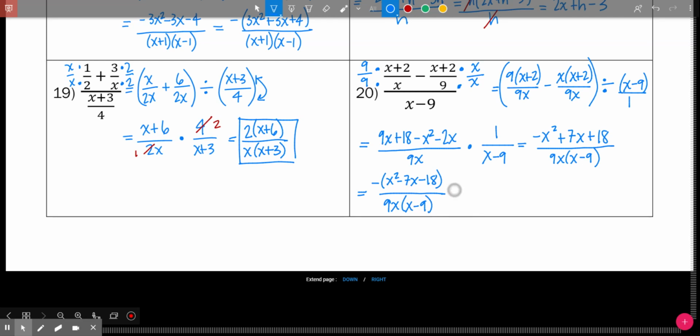Well, the numerator factors, and this is negative times x minus 9 times x plus 2 over 9x times x minus 9. I have a common factor, x minus 9, and this factors into negative x minus 2, x plus 2 over 9x.